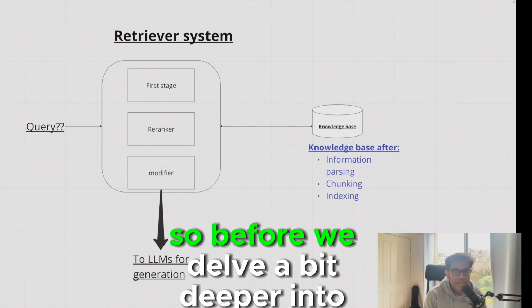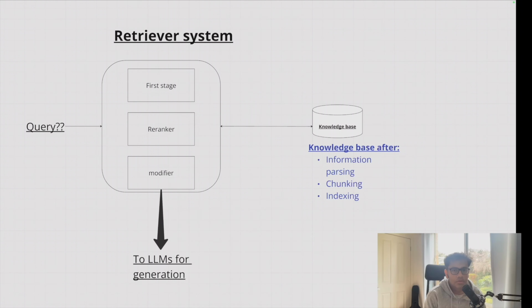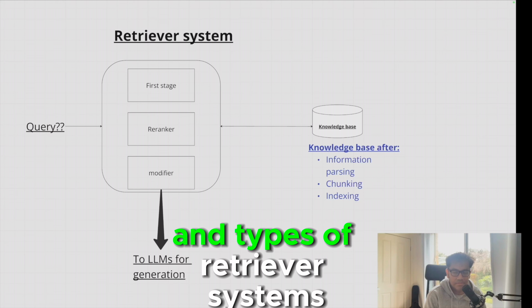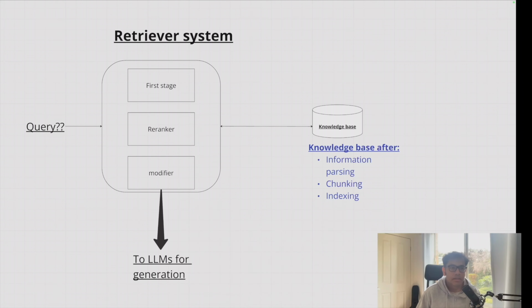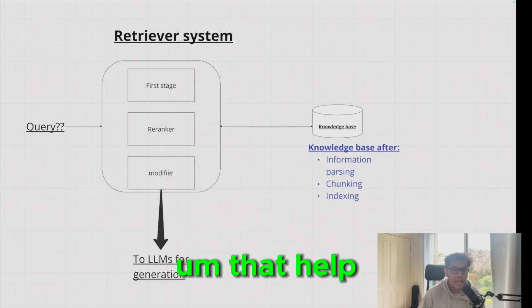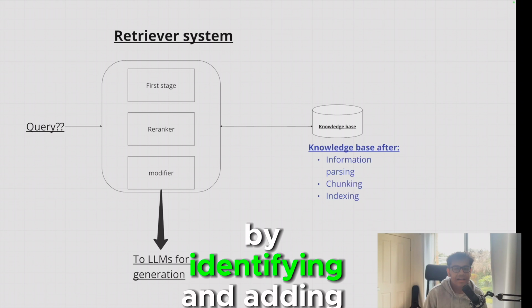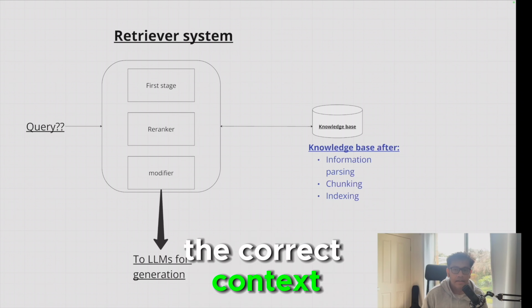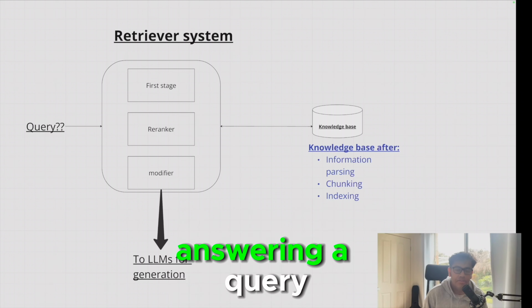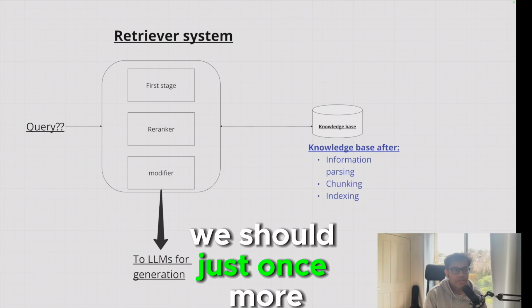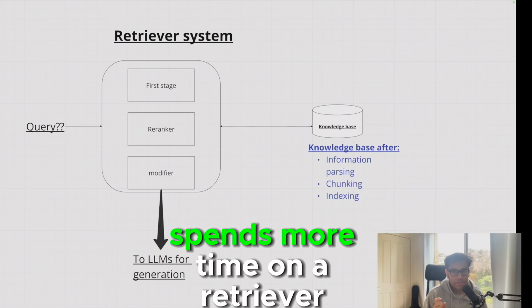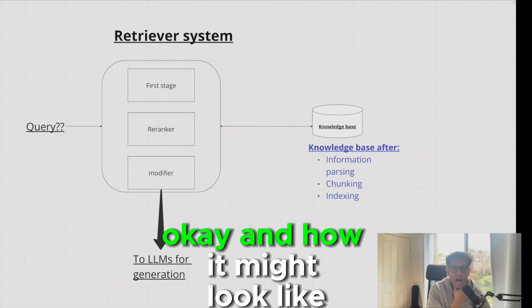Alrighty, before we delve a bit deeper into retriever systems and the types of retriever systems that help a RAG system become much more productive and efficient by identifying and adding the correct context to the large language model when answering a query, we should spend some more time on the retriever system and how it might look.